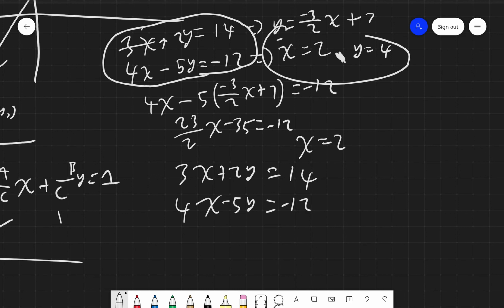Alright, so what's elimination? The goal is to get one of these terms, x or y, to be the same.